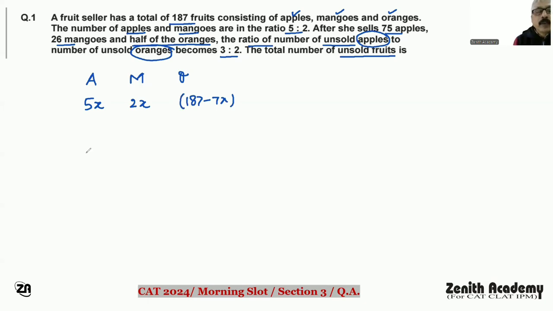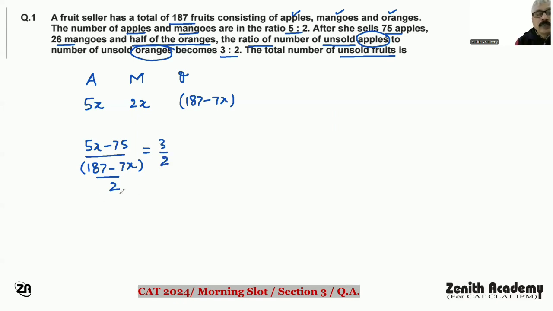Unsold apples, so 5x minus 75 apples, over half of the oranges sold. So half of the oranges unsold means (187 minus 7x) by 2. This ratio is equal to 3 upon 2.